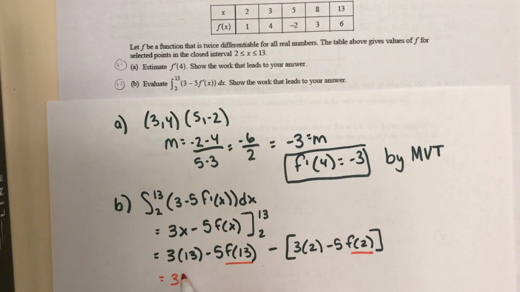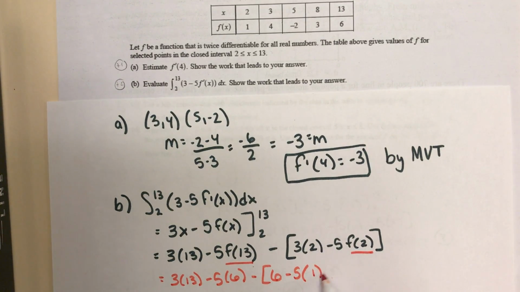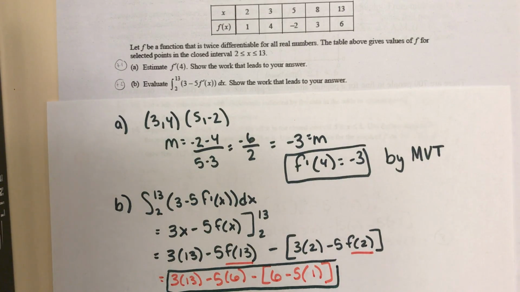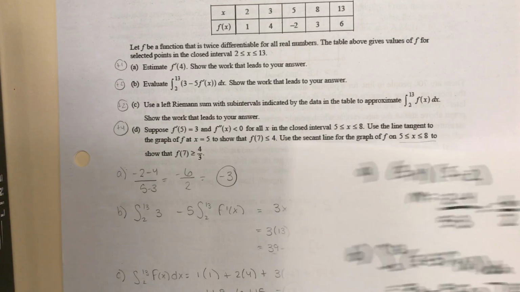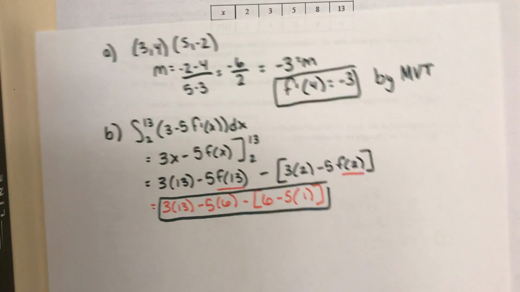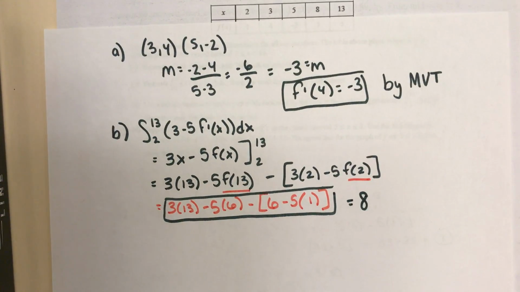So this would be 3 times 13 minus 5 f of 13, which from the chart is 6. Then 3 times 2 is 6 minus 5 f of 2, which from the chart is 1. Now in the AP exam, you do not have to simplify, remember, so you can stop right there. If you do want to simplify that, I solved it earlier. The answer is 8.